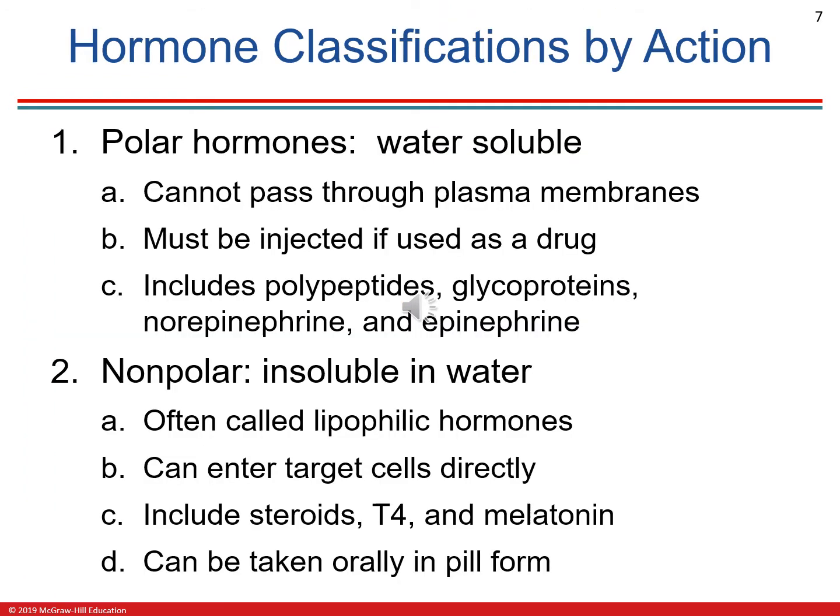After we classify the hormones based on the molecular structure, we can classify the hormones by the action, and this classification doesn't differ from the classification of molecules. Therefore, hormones can be classified as polar or non-polar.